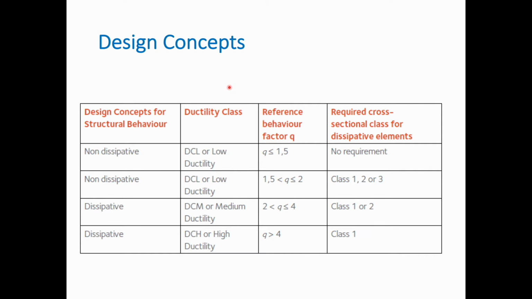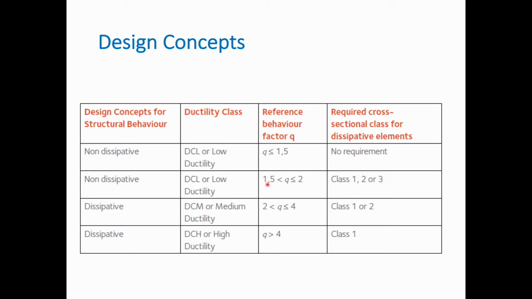So here is a synopsis of the design concepts. On the left we have non-dissipative and dissipative structural behaviors. We have different classes: low ductility, medium ductility, and high ductility.